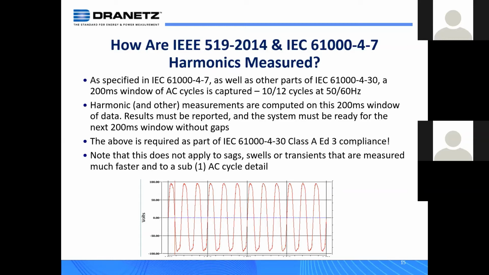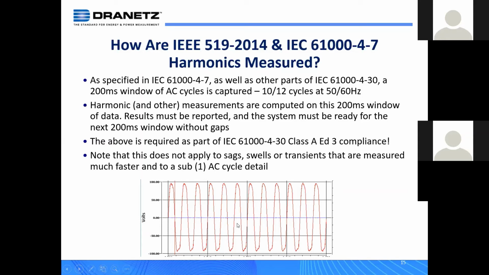So as specified by 61000-4-7, as well as 61000-4-30, the basic unit of measurement here is a 200 millisecond window of AC cycles that is captured. So that's 10 cycles at 50 hertz and 12 cycles worth of information at 60 hertz. And that's this window at the bottom.